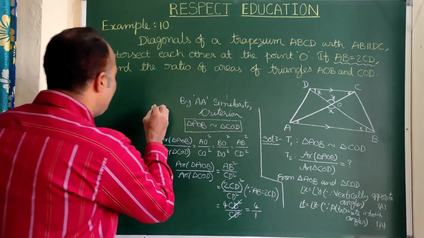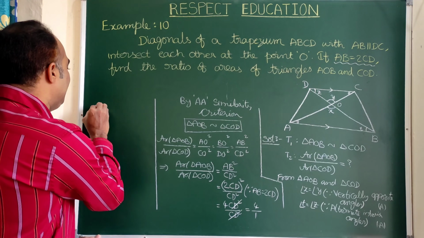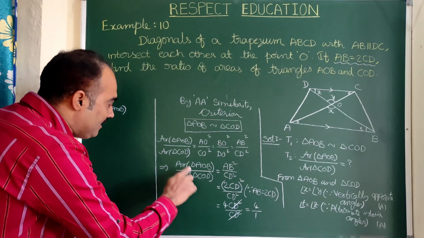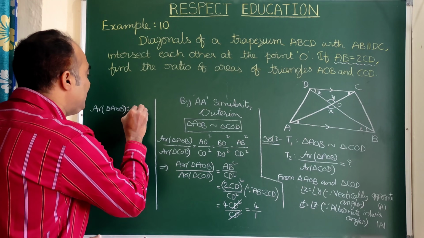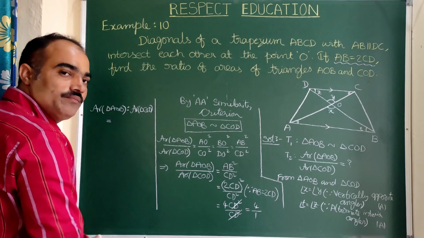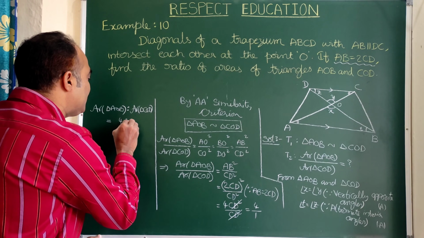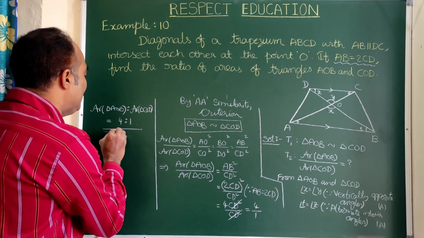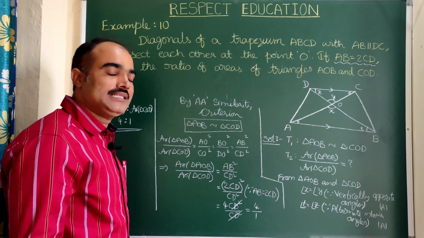So we can conclude that area of triangle AOB is to area of triangle COD is equal to 4 by 1, which can be written as 4:1. Therefore, the required ratio for this problem is 4:1. With this, example 10 gets completed.